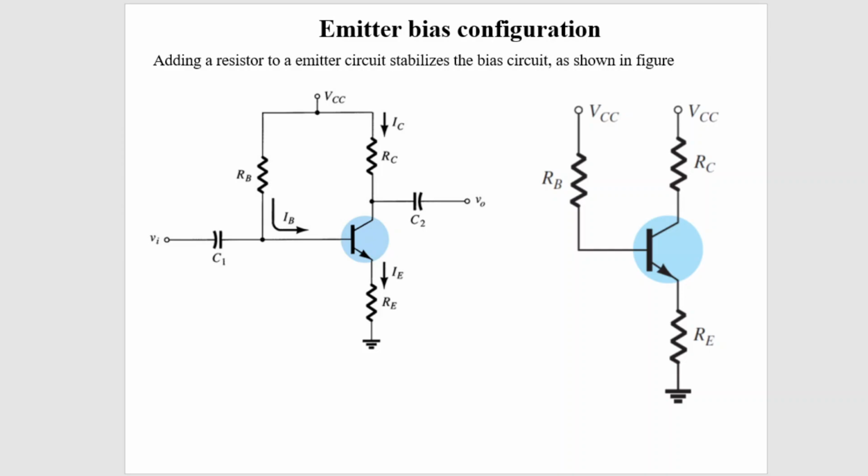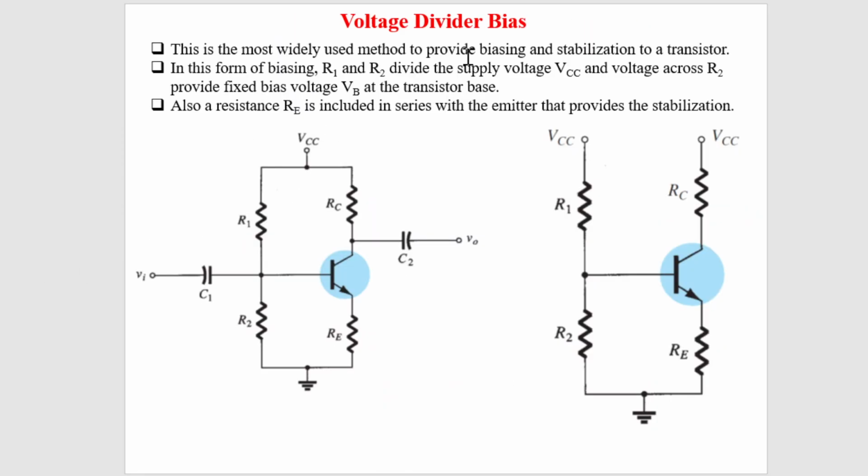Then I introduced another technique, the voltage divider biasing technique. In emitter bias we had the base resistance RB, the collector resistance, the emitter resistance, and plus VCC. Here, in place of RB, we have introduced two resistances, R1 and R2, which are connected to the base.